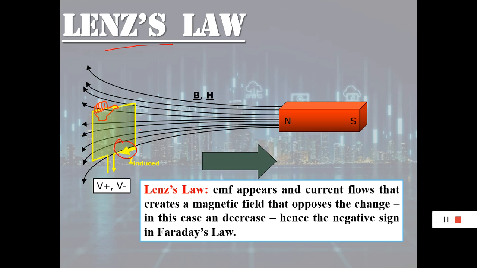This part of the coil will be S, and this part will be N. The front part of the coil will be S. Using the right hand rule again, your thumb shows the direction of the north and the other fingers show the direction of the current I. We will obtain that the induced I here is clockwise.